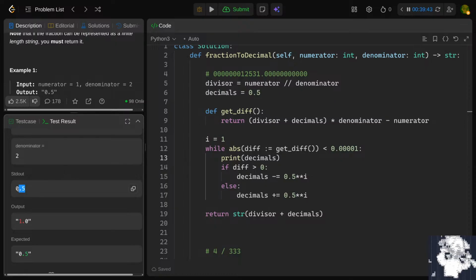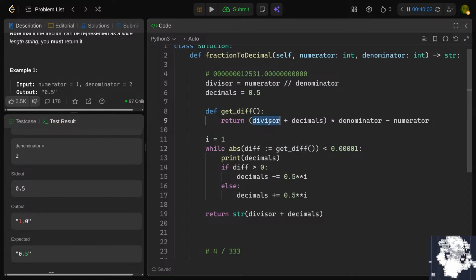And also for 0.5, it should have executed 0 times, because decimals should have already started at 0.5.